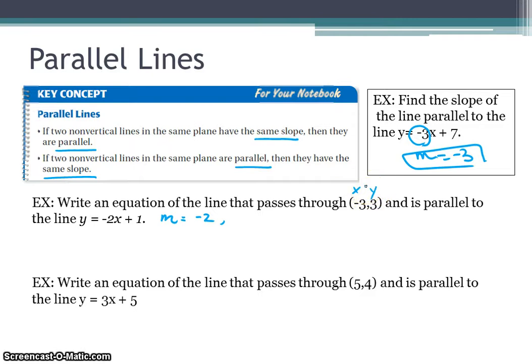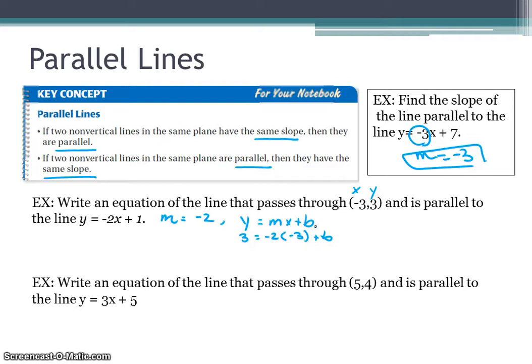Just like we did in the previous day's notes, I'm going to plug directly into the formula y equals mx plus b. Instead of y, I'm going to write 3 equals m, which is negative 2, times x, which is negative 3, plus b. How's that look, Miss Hygra?